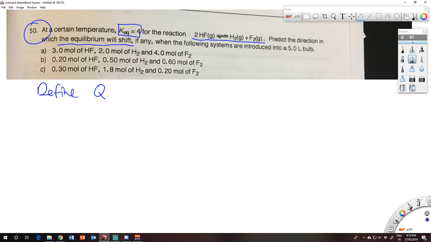Okay, so what we can do is say my reaction quotient is going to be concentration of products over concentration of reactants.